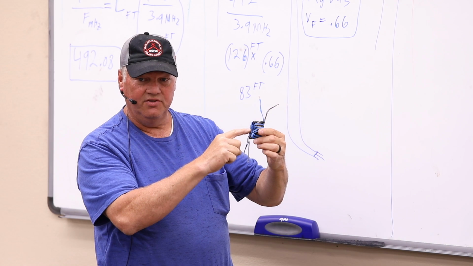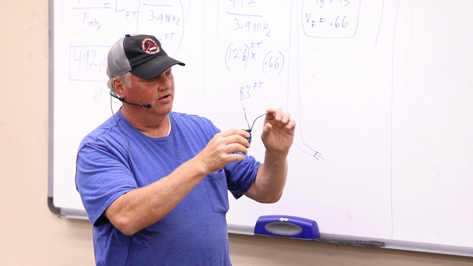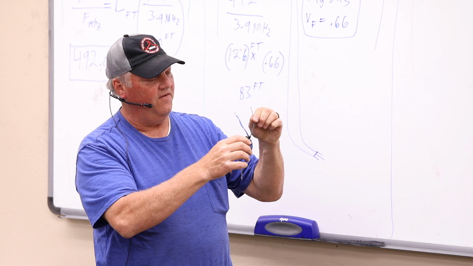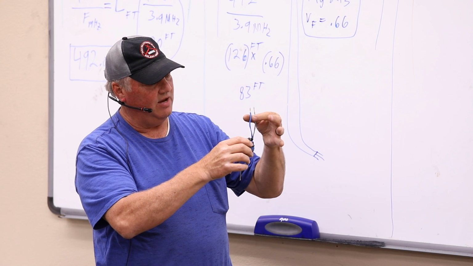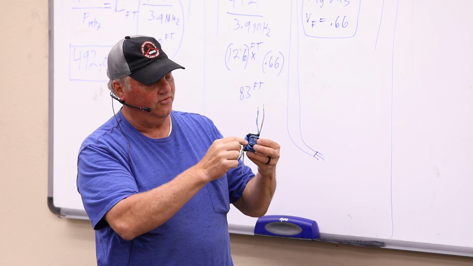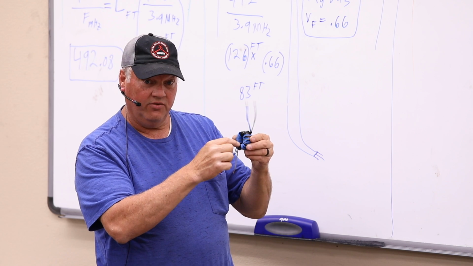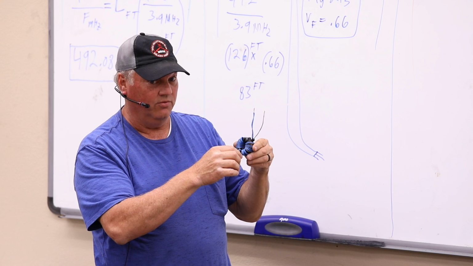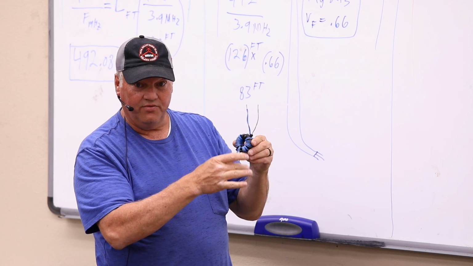So what happens is if the energy tries to come down these wires, and they're in phase here, the same energy comes down. They get into here, and because these are equal and opposite, it cancels it. This one cancels down to approximately 27, 28 dB, which is really good as it tries to come out this side.